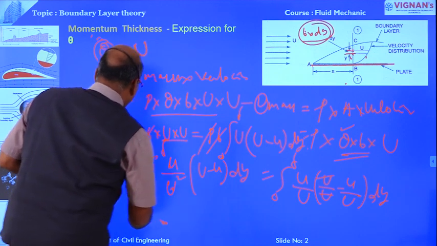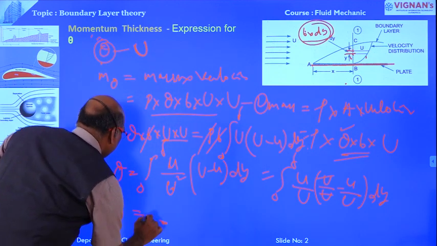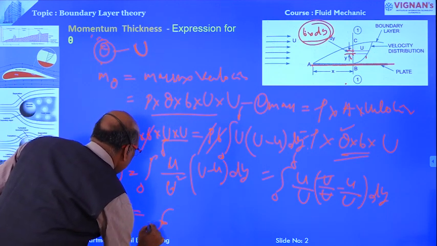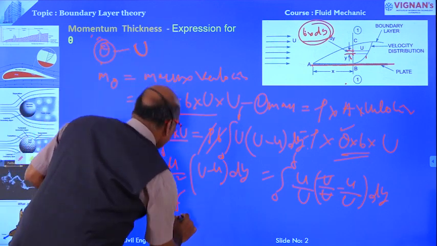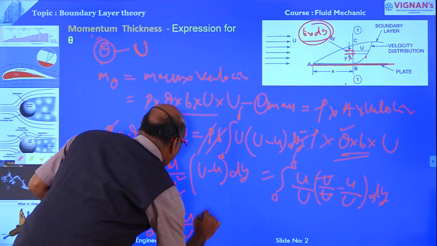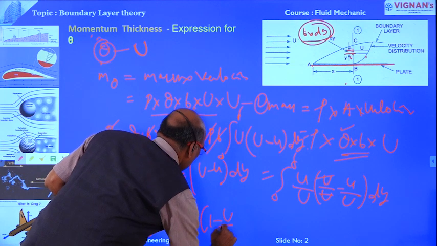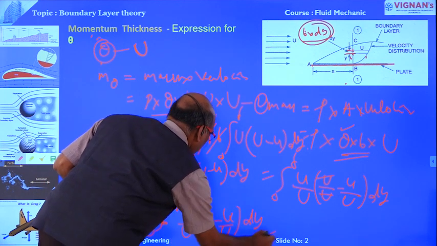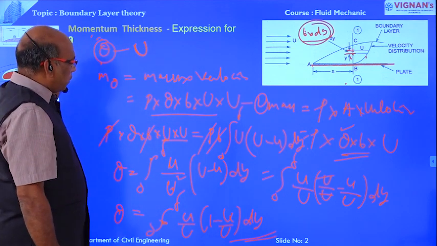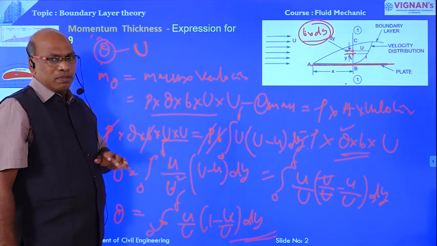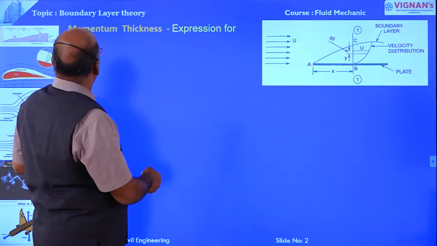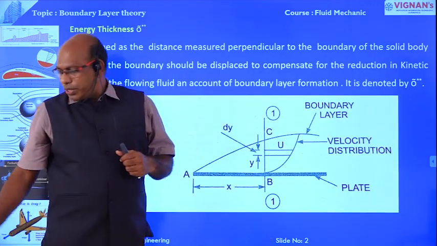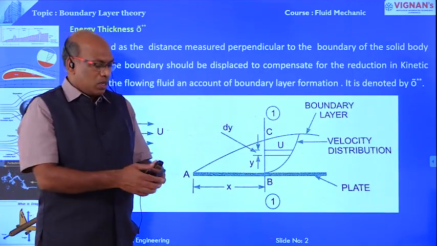Cancel, therefore the momentum thickness theta is equal to integral 0 to delta of small u divided by capital U times 1 minus small u divided by capital U dy. This is the formula for the determination of the momentum thickness, right?